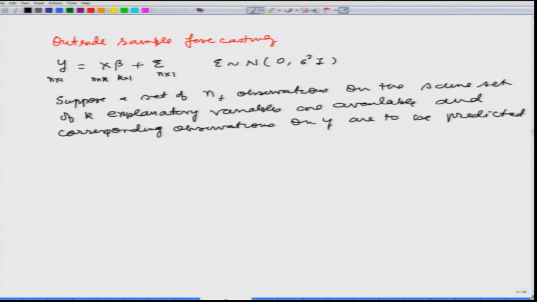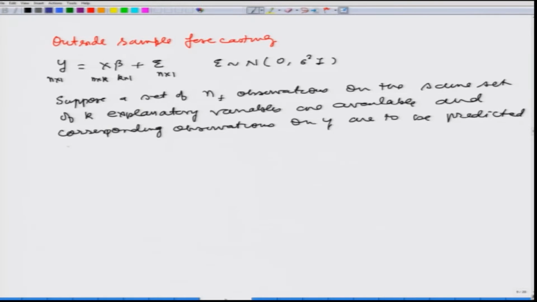So, we now have two sets of observations. The first set consists of n observations on x and y, and there is another set of nf observations in which only the values of x's are known, but the values of y's are unknown.